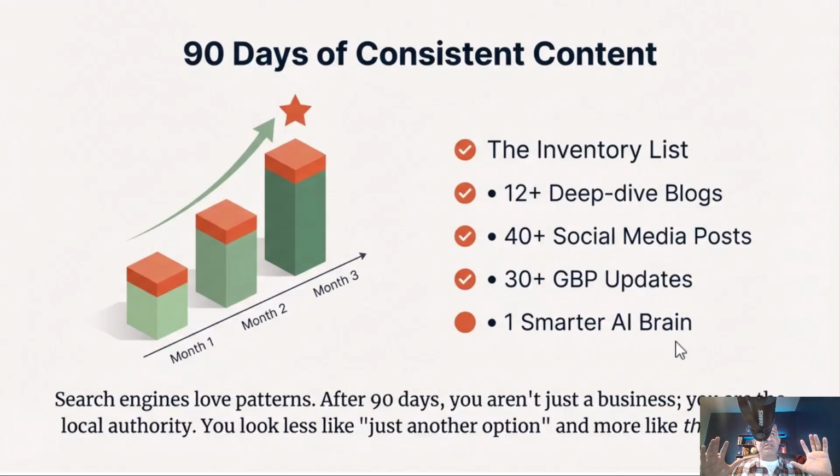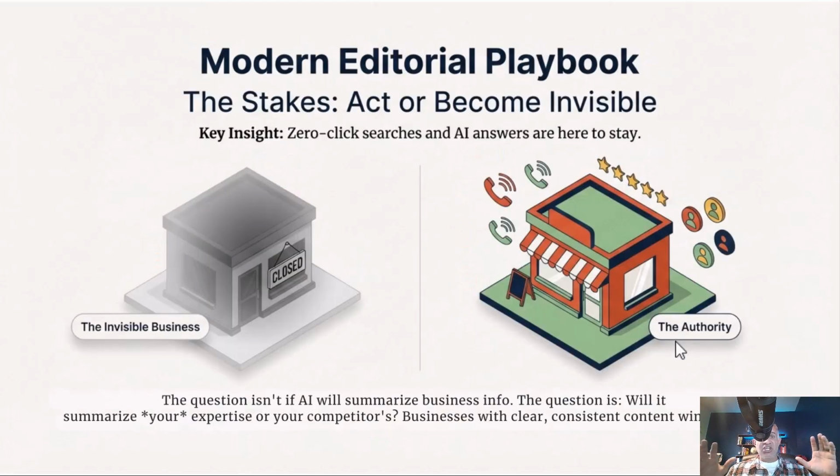Now, search engines and AI tools love patterns. That's all it is. It's math looking for the most popular, most consistent patterns. When they see months of consistent, helpful content from you on your site and on Google's own properties, you start to look less like just another business, and you're positioning yourself as the go-to authority in your area.